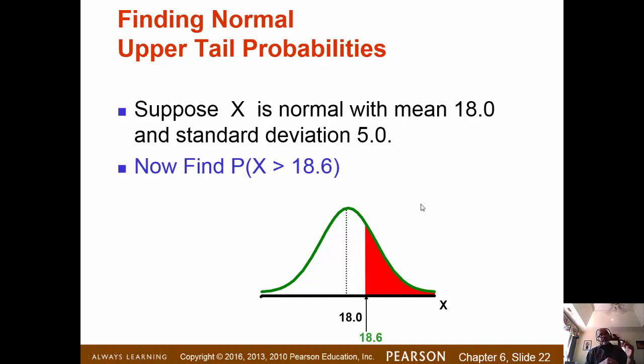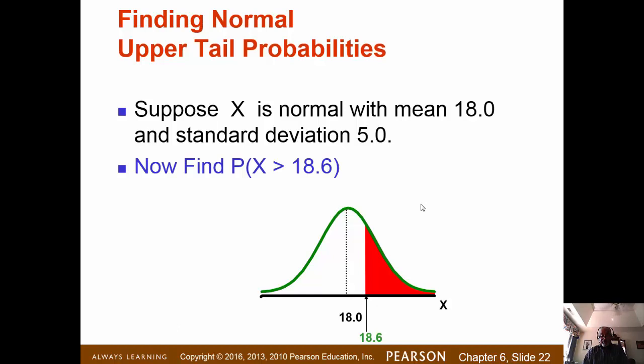Okay? Now if you want to find the probability x greater than 18.6, then it is not sufficient to simply go to the table. The probability that you get from the table is the cumulative probability. So if you want the opposite, then you have to take 1 minus the cumulative probability that you get from the normal table. So the normal table is not always the answer. The normal table is part of the way. That's one step in the process of finding the final probability.